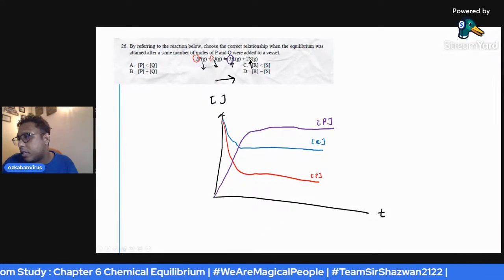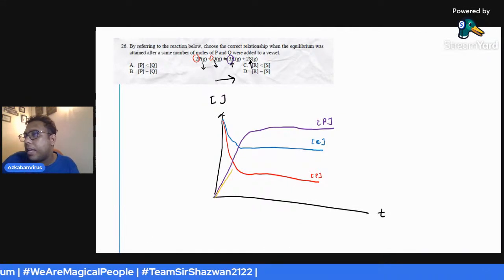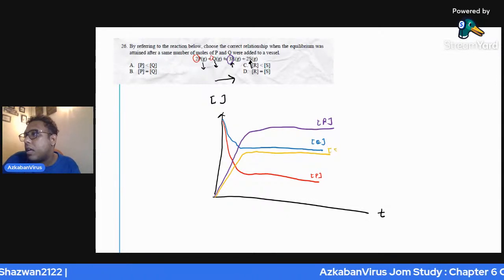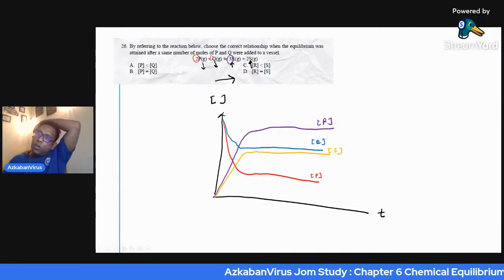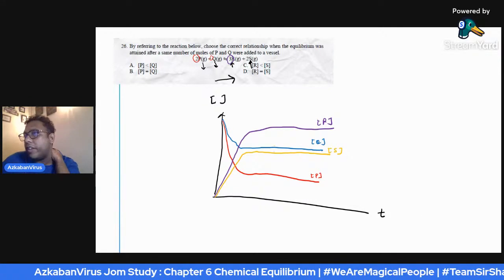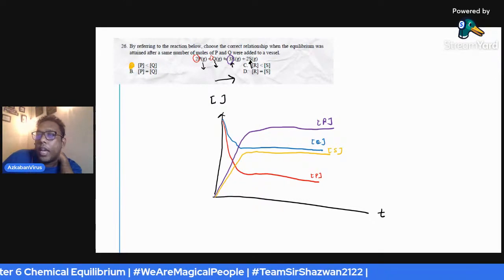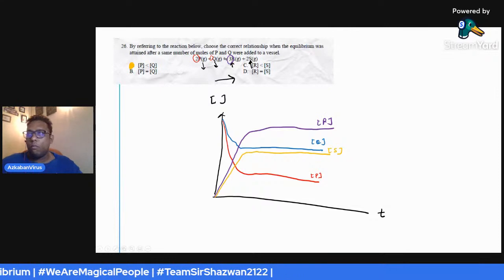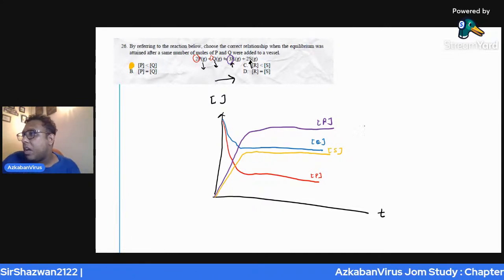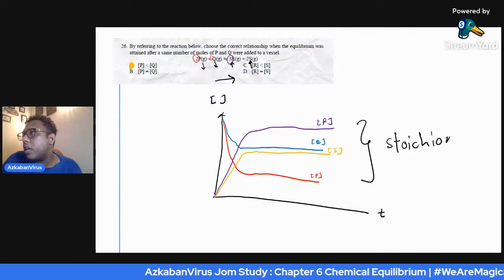Dan S, dia akan meningkat cepat juga, tapi dia tak secepat R. So, apa kita boleh conclude kat sini bahawa after equilibrium, concentration of P lebih kecil daripada concentration of Q. So, jawapan dia adalah A. Benda ni, how fast dia turun ni bergantung dengan stoichiometry.